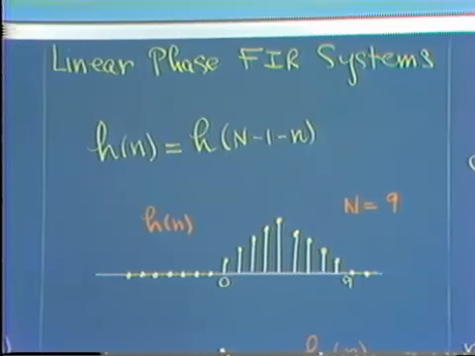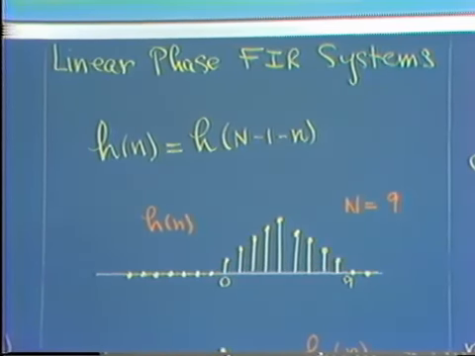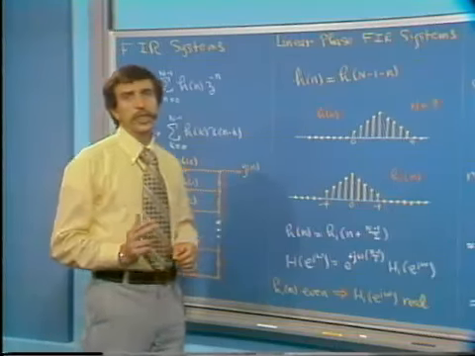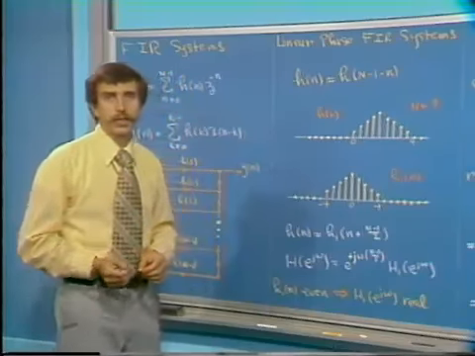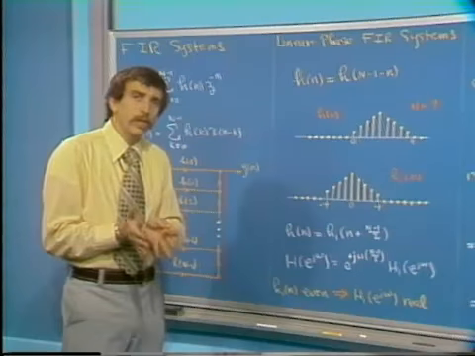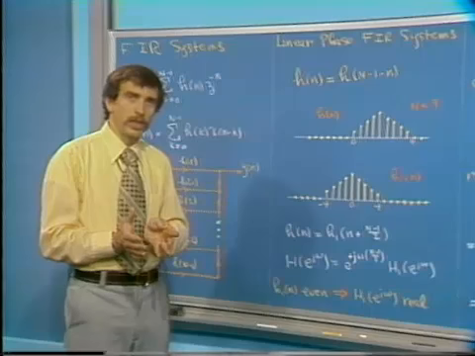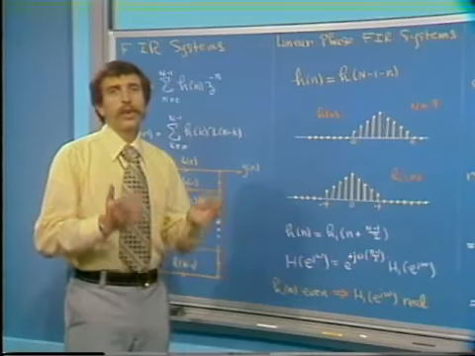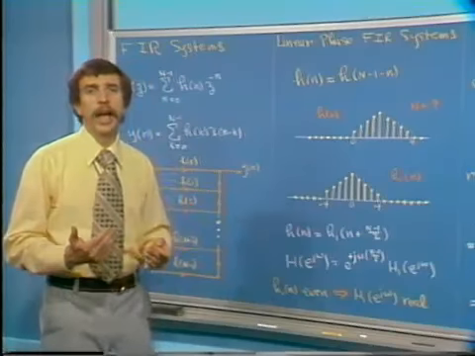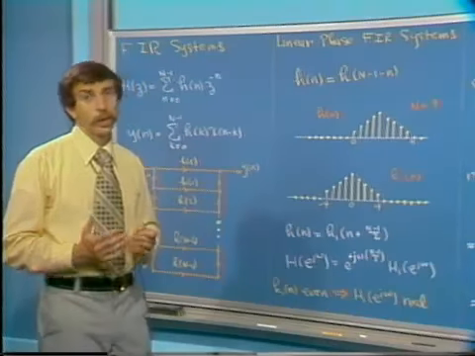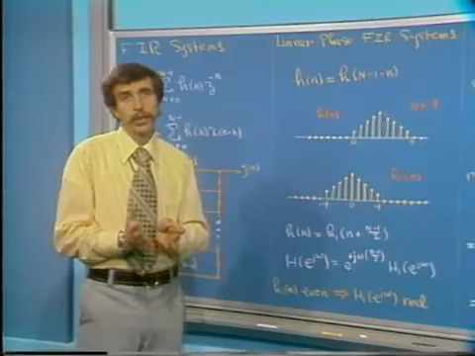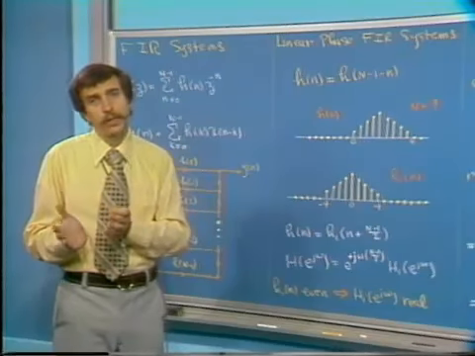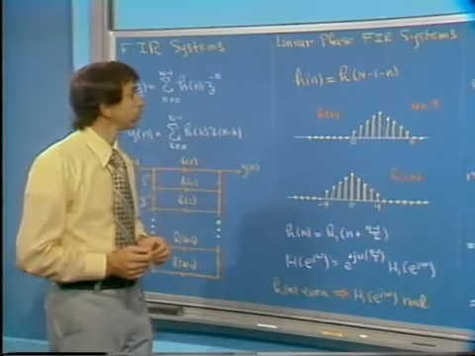Now, recall from several lectures ago, and we've again raised this point a number of times, that one of the differences between IIR and FIR systems is that because of the fact that the impulse response of an FIR system is of finite length, those systems can in fact be designed to have exactly linear phase, whereas the corresponding statement, of course, is not true for the case of infinite impulse response systems.